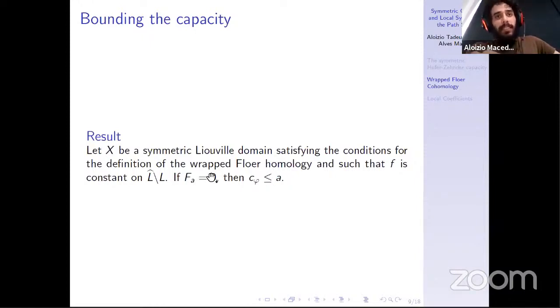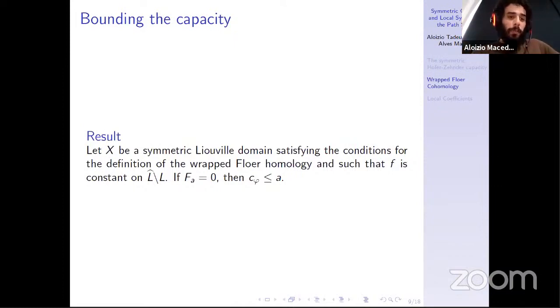What is this cohomology class here? There is an isomorphism between the cohomology of the Lagrangian and the wrapped Floer cohomology when we filter by some small action. It's similar to the case of Floer homology.